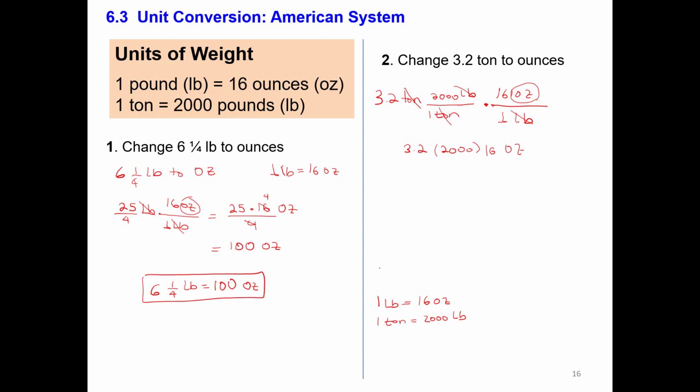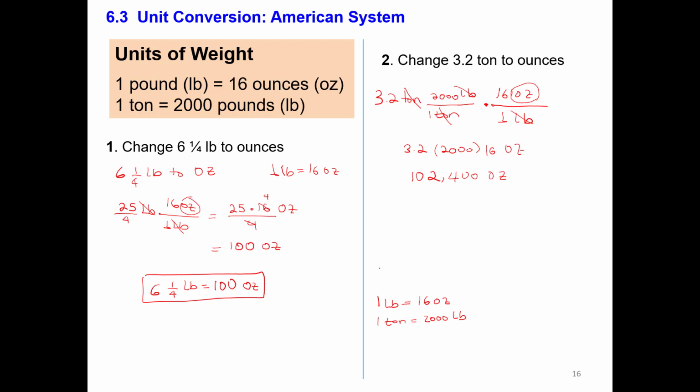Then let's now multiply these numbers. Multiplying them will be 102,400 ounces.